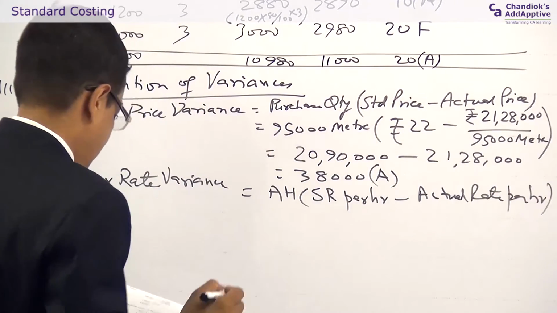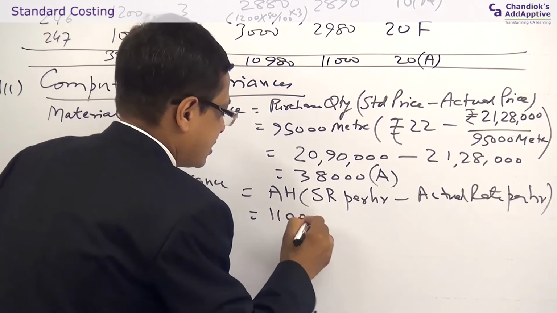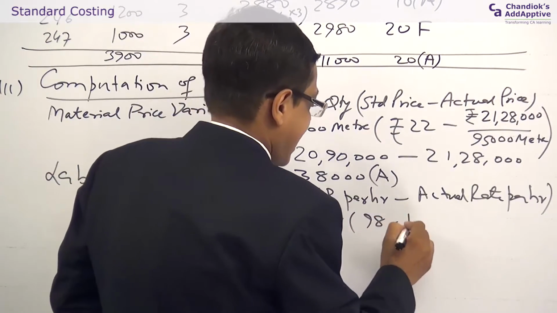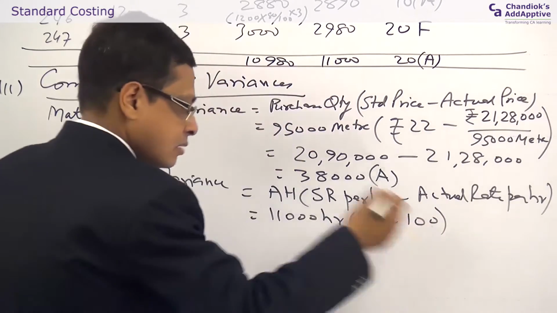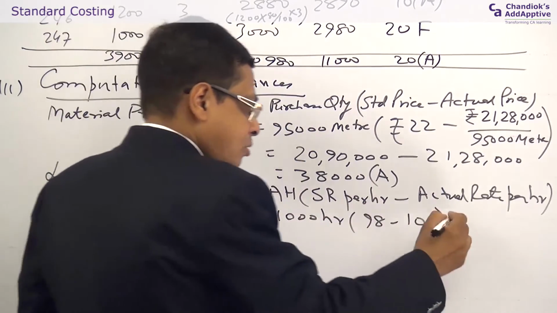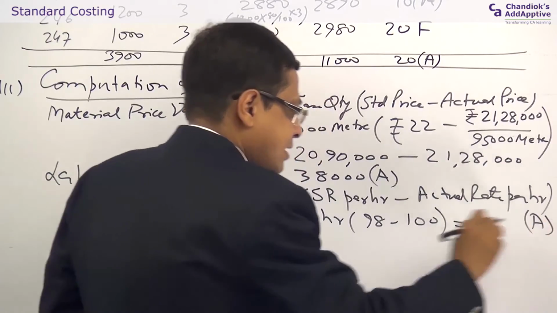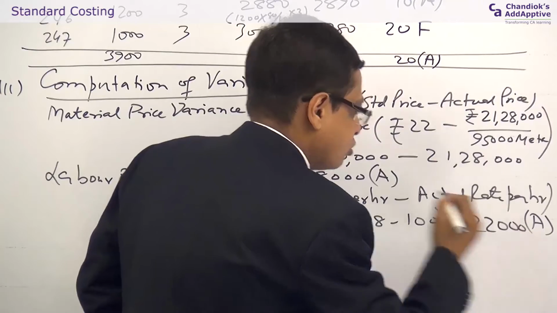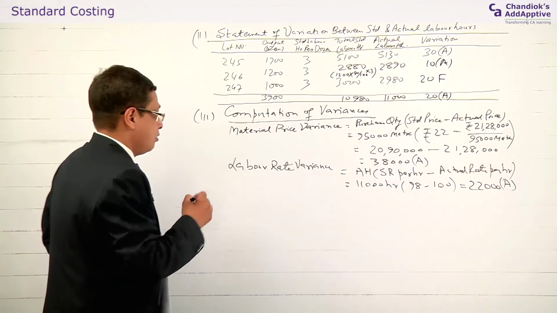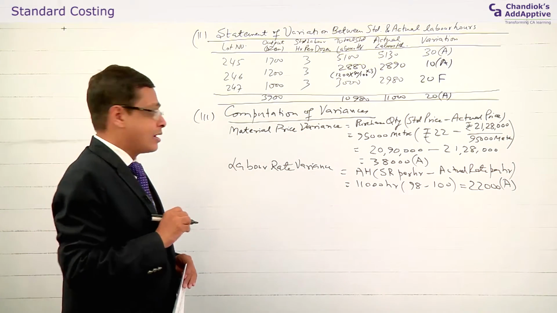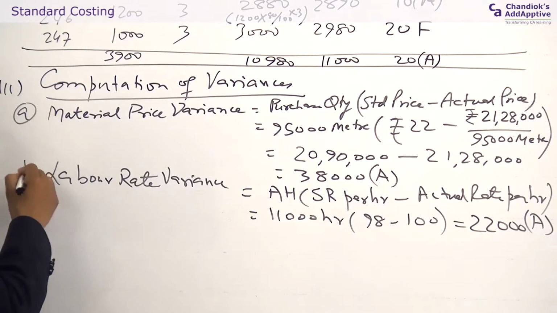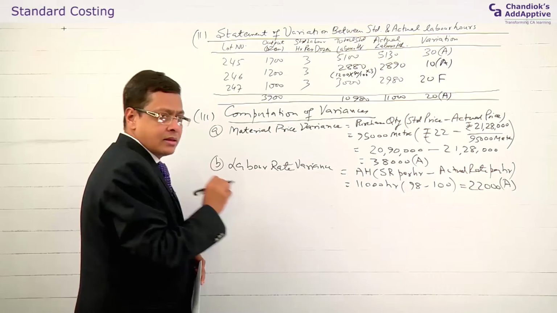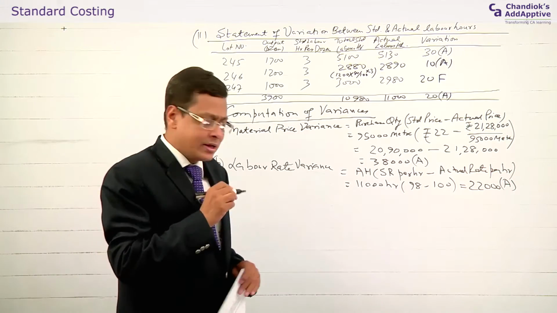If you solve it, it is 11,000 hours, the standard rate per hour is rupees 98 and the actual rate per hour is 100. So, you are paying more. Therefore, it is an adverse variance, and on multiplication this becomes 22,000 adverse. So, this is the second variance you have computed. Let us label it A, B clearly, because the examiner can locate it and do marking accordingly.